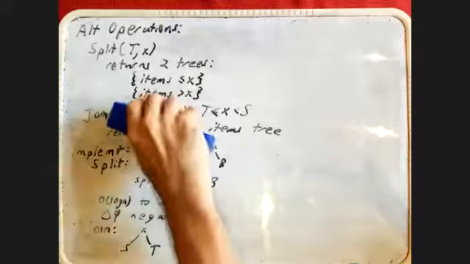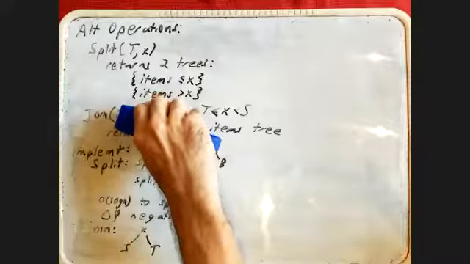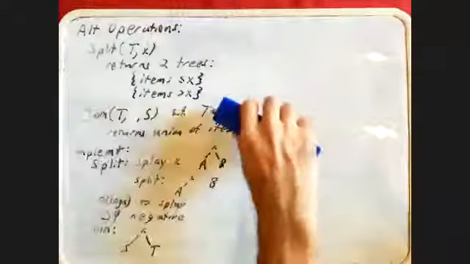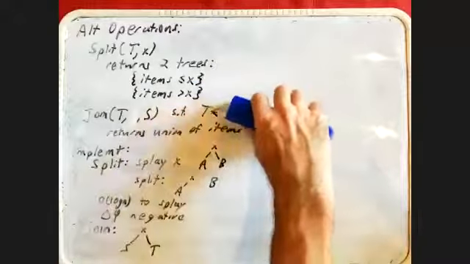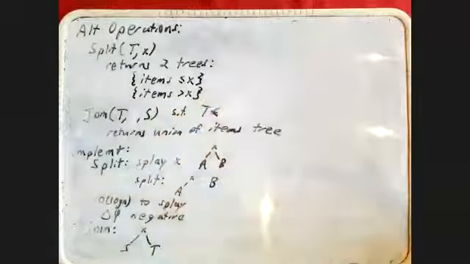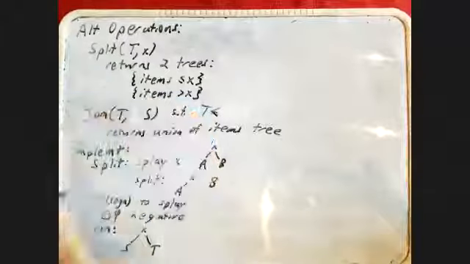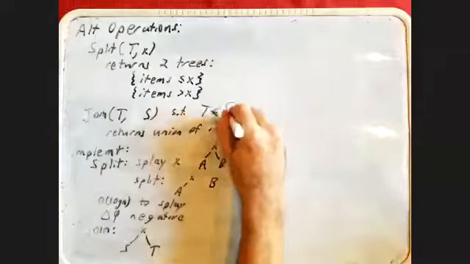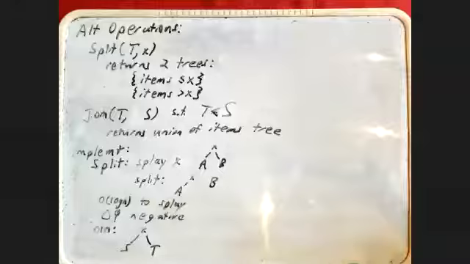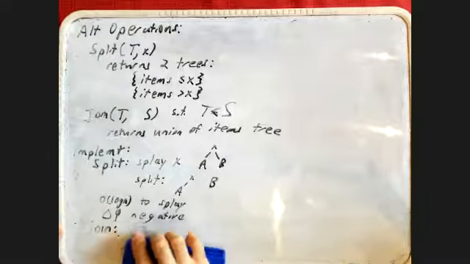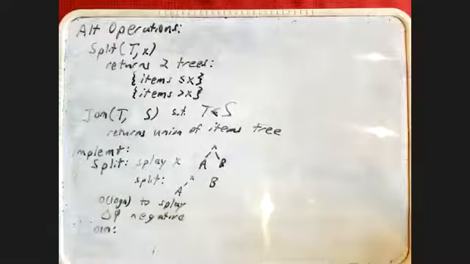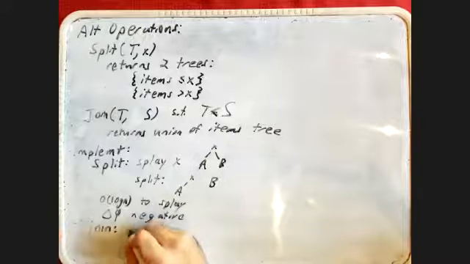Let me make a change to the join operation to not specify an X, but to just refer to two trees that I want to join. So in this case, implementing join does require a splay.